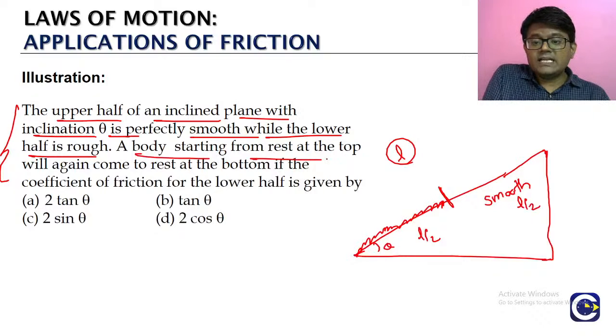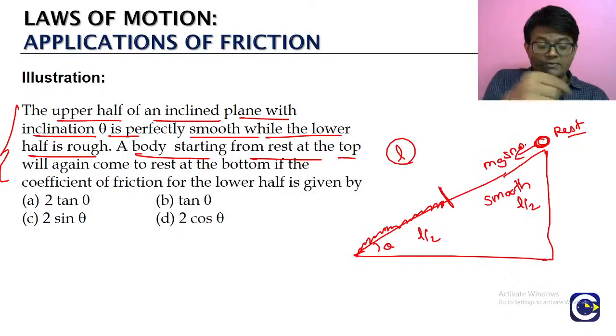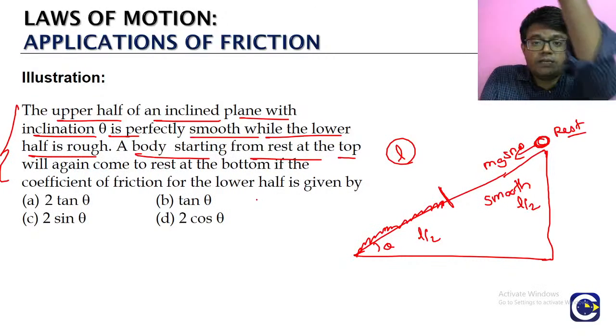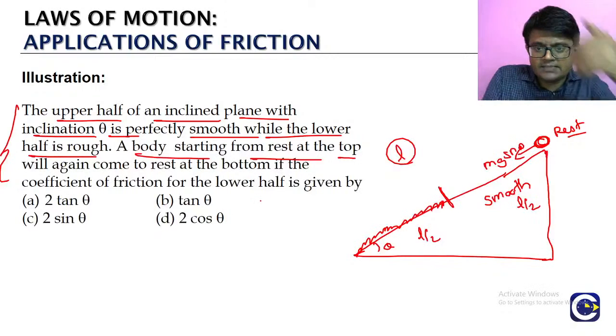A body starting from rest at the top. So from the top there is a body starting from rest. Remember, it will experience a component of the weight down the plane. What is it? mg sin theta. What is going to happen to it? Because there is a force acting down the plane, it will start coming down with an acceleration.